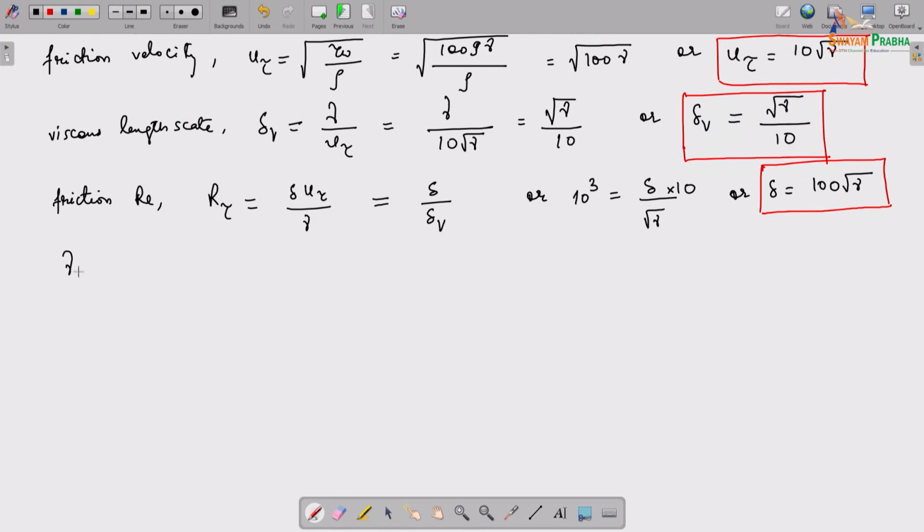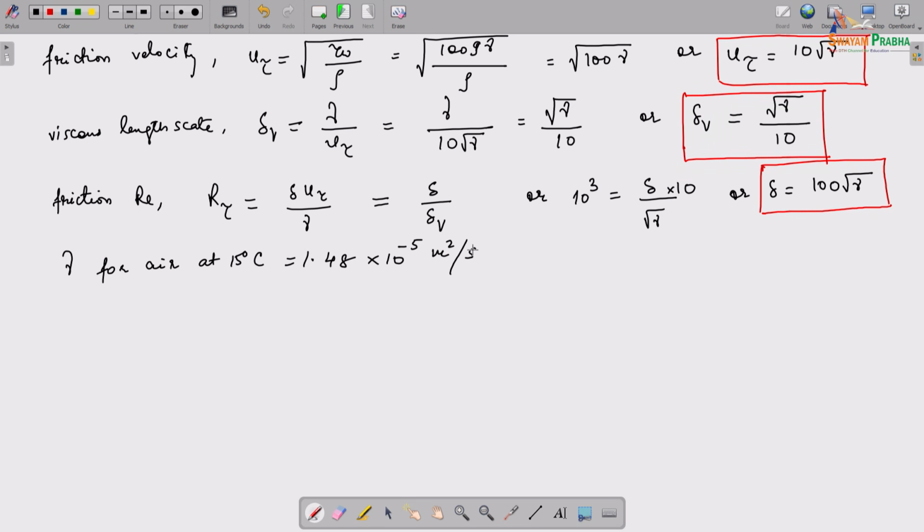So nu for air at 15 degrees centigrade is equal to 1.48 into 10 to the power minus 5 meters square per second.